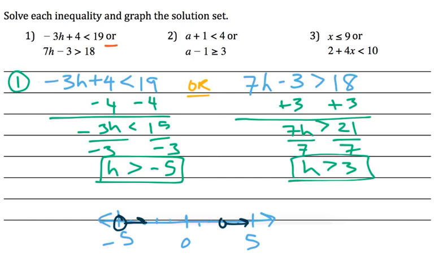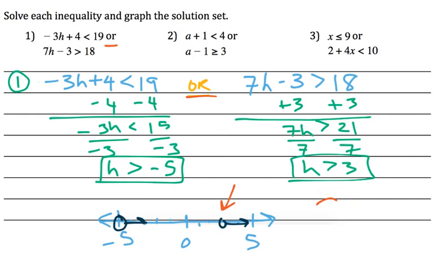Now I know that some people like to present this like that just to kind of make it more clear how this gets smushed together. But let's think about this point here, and I won't talk at length about this in every example, but I will here. That's where h is 3. Well, if this is an OR statement, it doesn't work to say that h can be 3 on this inequality.